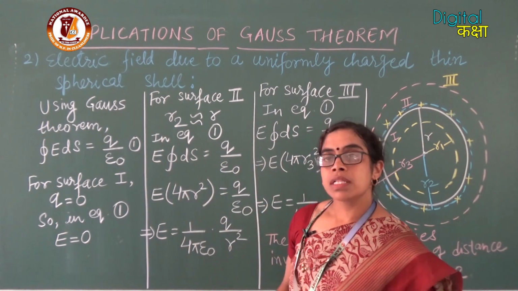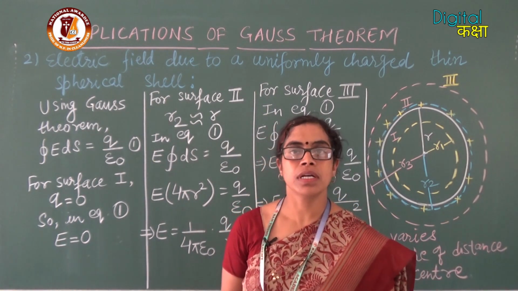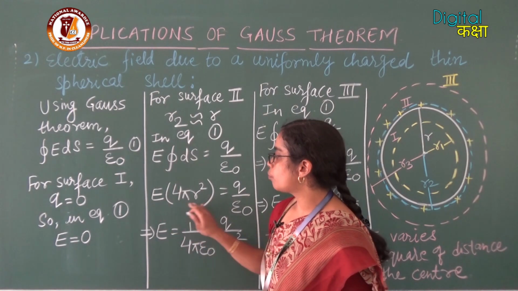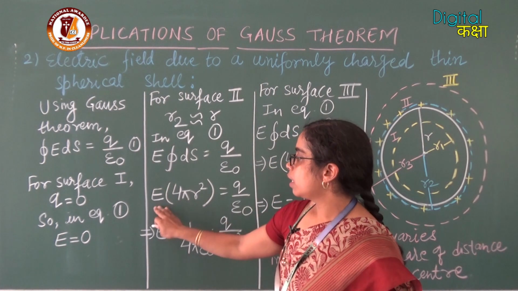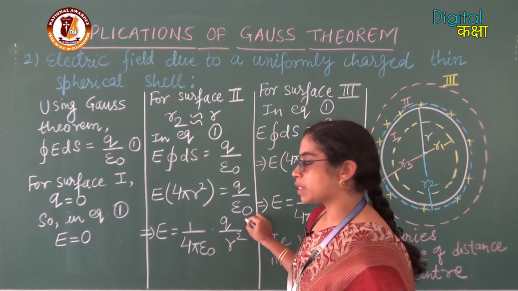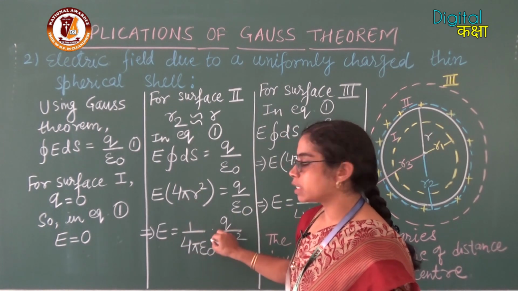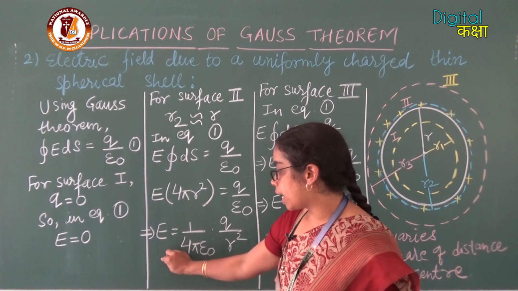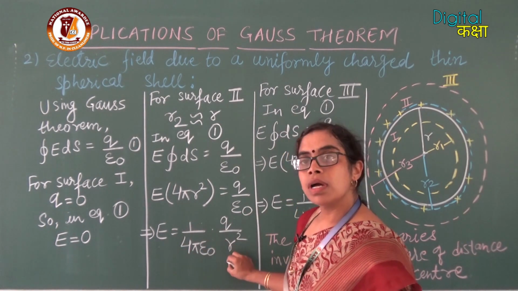We know that the surface area of this uniformly charged spherical shell is given by the formula 4 pi r square. That is why E into 4 pi r square is equal to Q upon epsilon naught. The value of E after rearranging the terms is obtained as 1 upon 4 pi epsilon naught, Q upon r square.